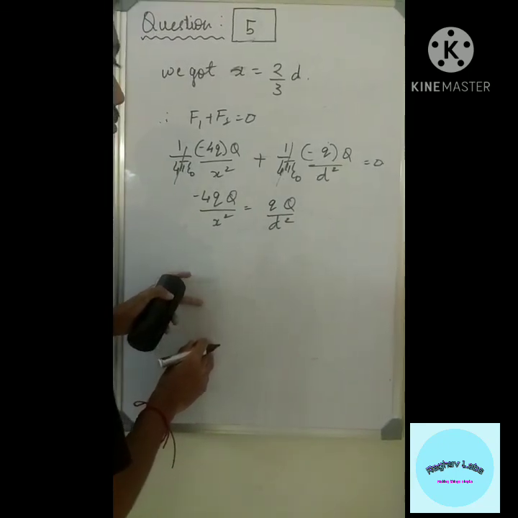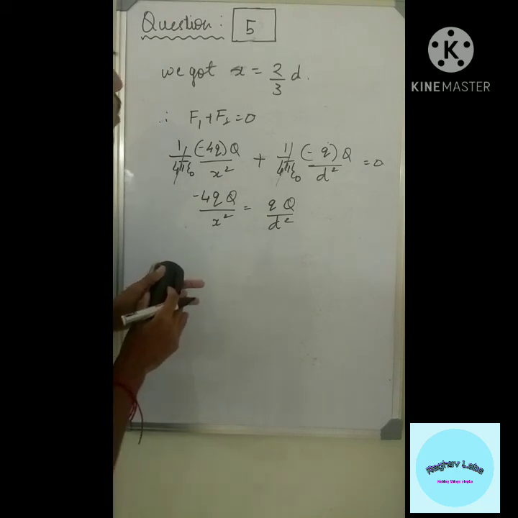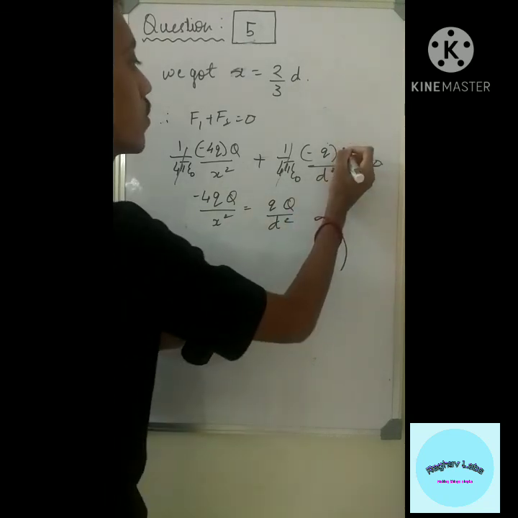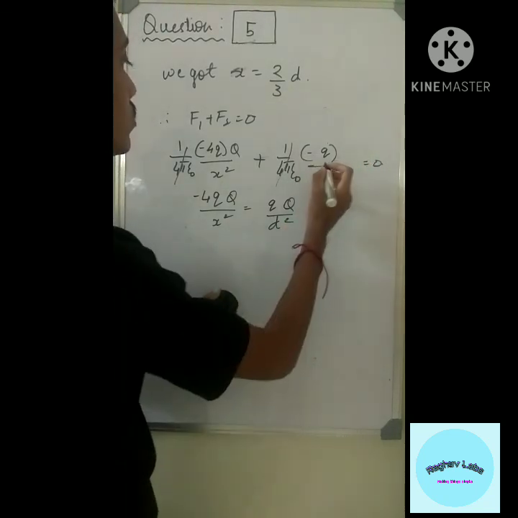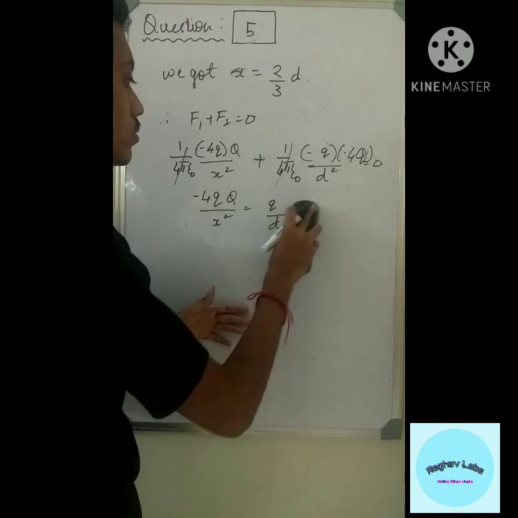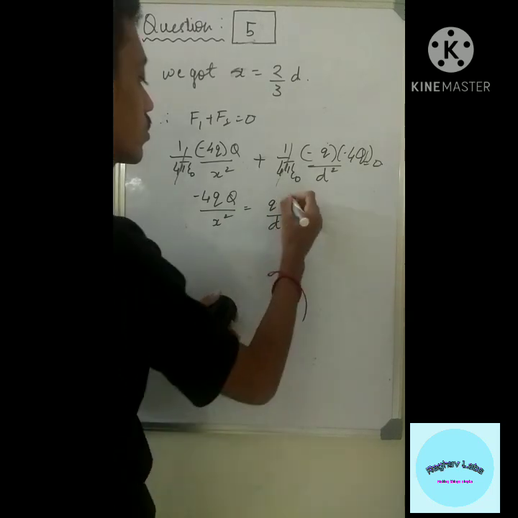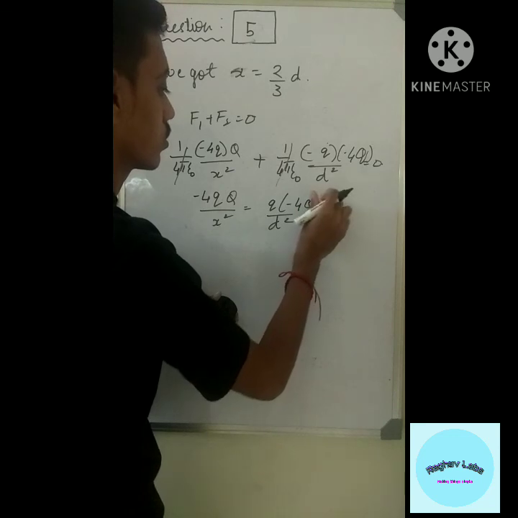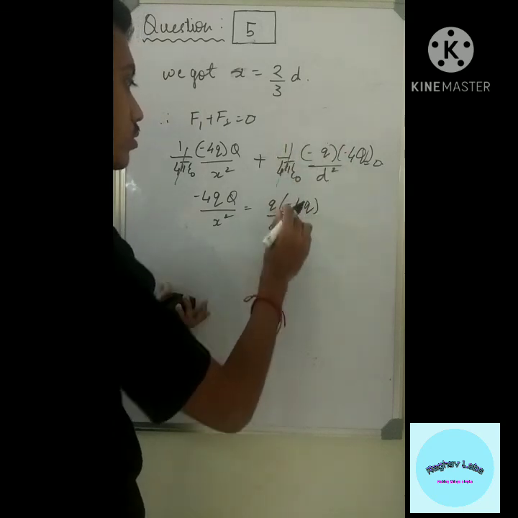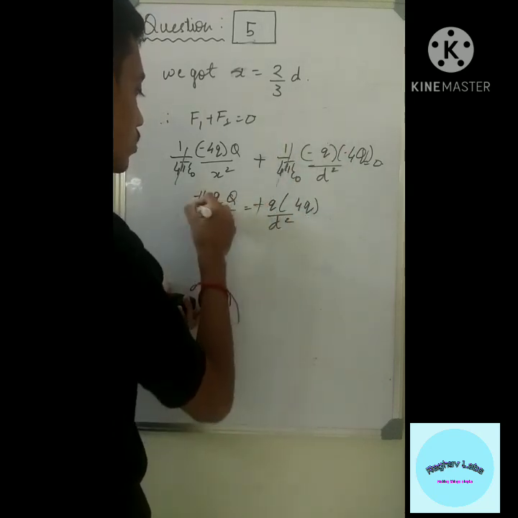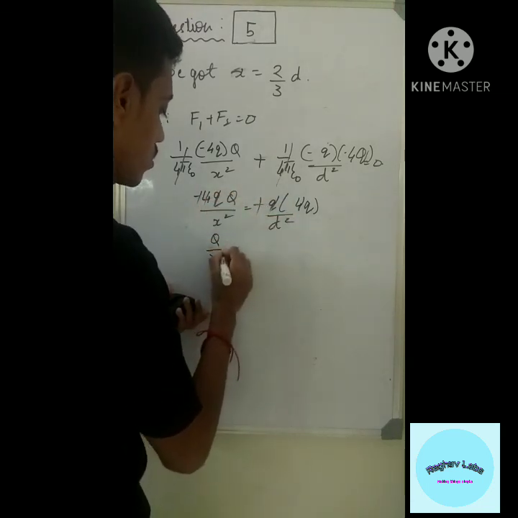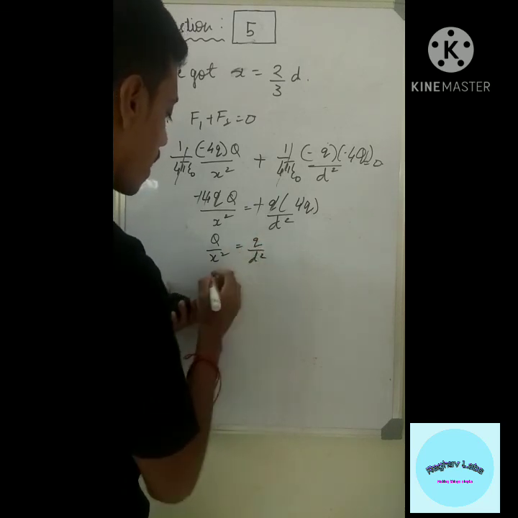It should be minus 4q into minus q, right? If I'm not wrong, yes, because the distance is d square from minus 4q to minus q, right? So minus 4q. Here too it should be minus 4q. Sorry, small q. Minus minus gets cancelled now. 4 gets cancelled, q gets cancelled, and we are left with q by x square is equal to Q by d square.